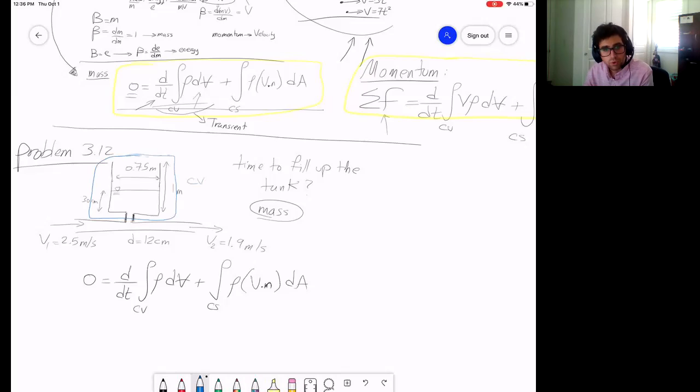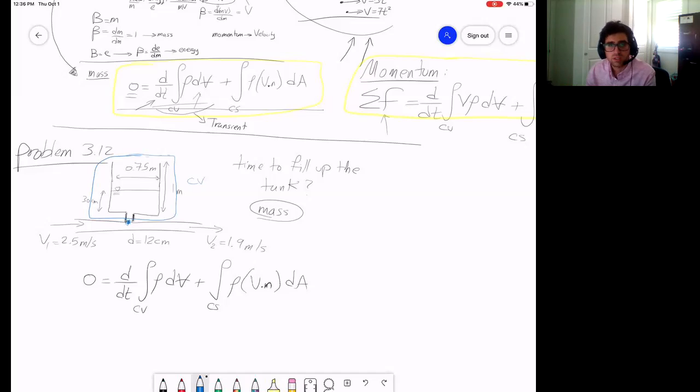Yep. I think it needs to go further down, that way we can incorporate those given velocities. So what's your inlet in this case? You have this tubing that connects the tank to the pipe. This is your inlet.